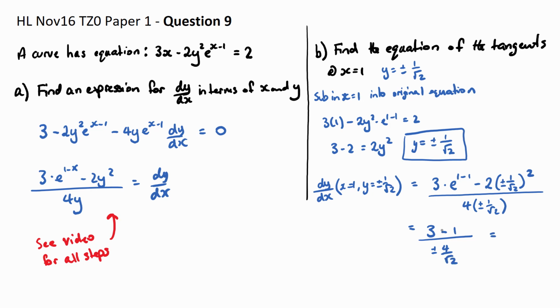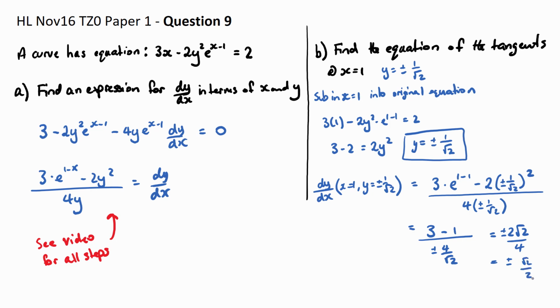Okay, and this will be 2. The root 2 comes up, so this will actually be 2 root 2 on 4, which is plus or minus root 2 on 2.